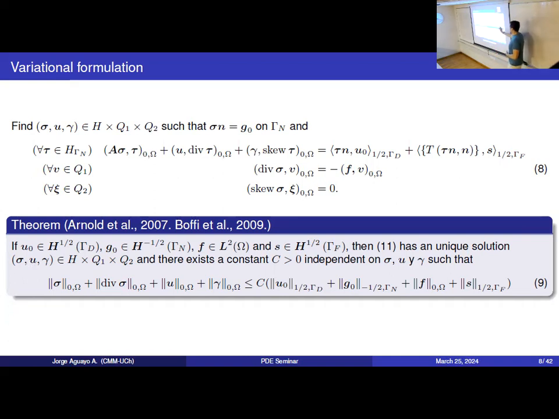We need to have some continuity conditions here, but also for the inverse problem, we also need a stability inequality for the problem. We are looking for a way to obtain the estimation.